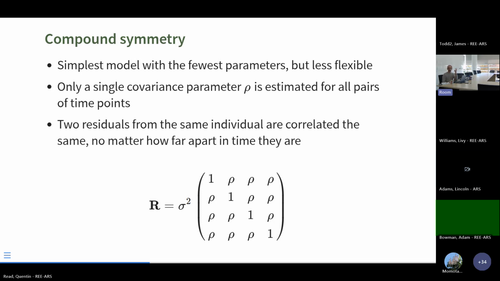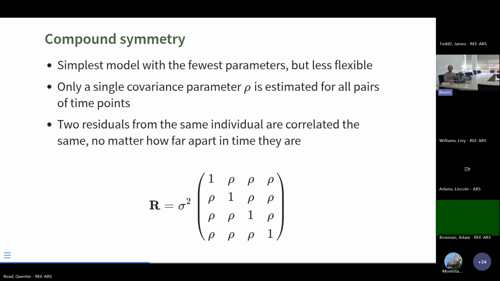That means any two residuals from the same individual are correlated by the same correlation coefficient, no matter how far apart in time they are. The correlation between time point 1 and time point 2 is rho. The correlation between time point 2 and time point 4 is also rho. They're all one parameter. That's called compound symmetry. Just one non-zero covariance parameter. That's it.